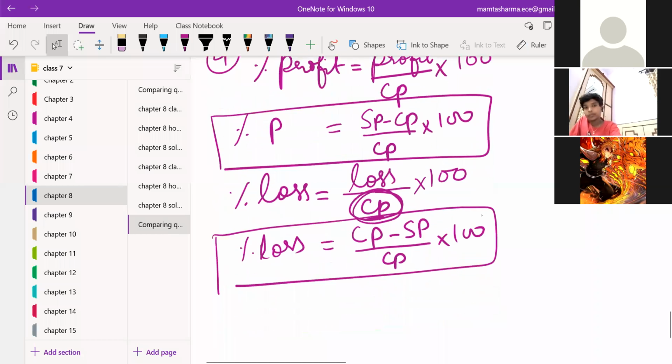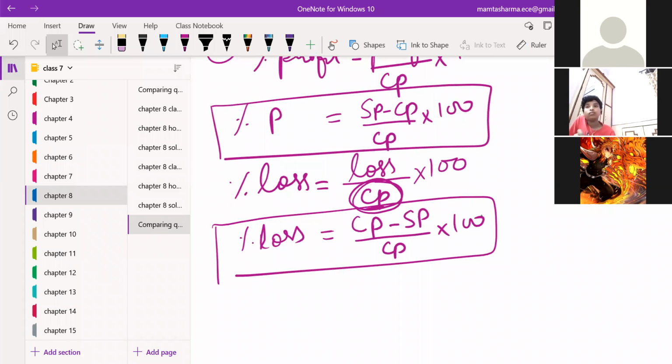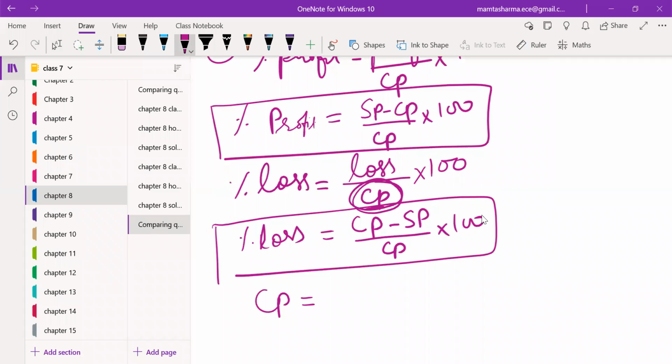Now if percentage loss and percentage profit are given and they are asking about the cost price or selling price, then the cost price would be, yeah, Aisha, tell me. I always forget this formula. In case you forgot this formula, you can calculate from this formula only. If percentage loss is given, CP is given, and they ask to find SP, you can use this formula for everything.